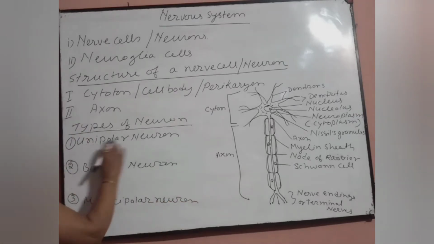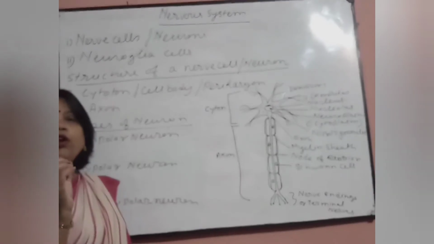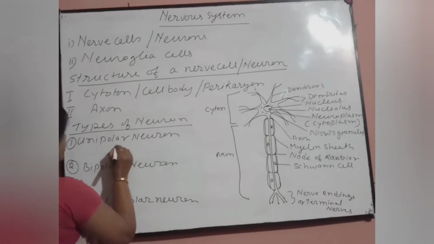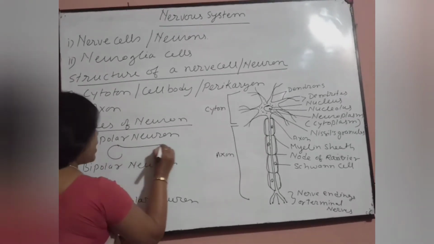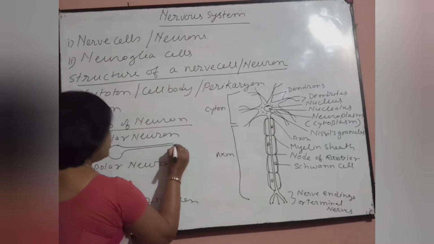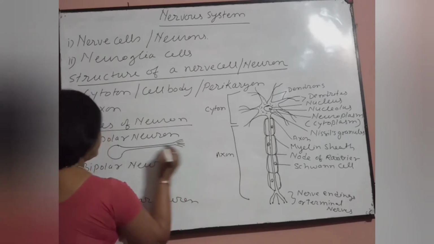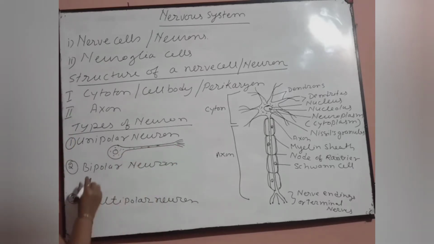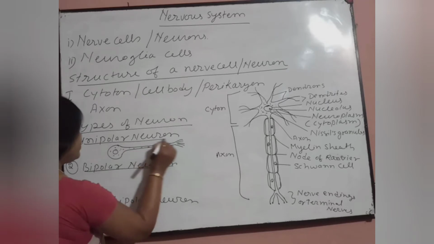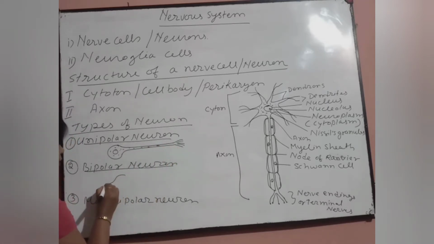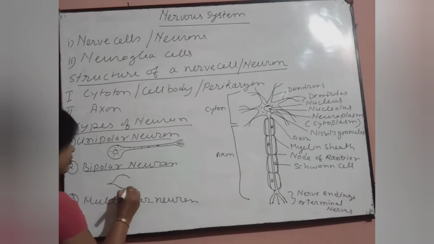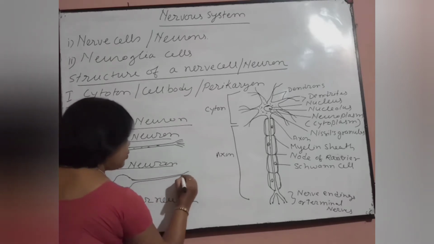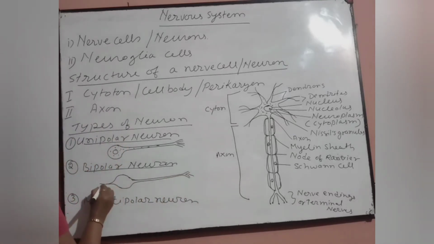A unipolar neuron has only one pole of nerve. Only cytone and axon. A bipolar neuron has cytone, axon and one dendron.